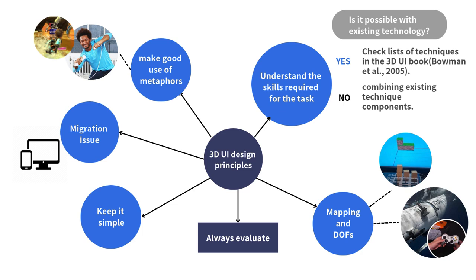And 2. Mapping and DOF. For example, the Titan sub extended a user game controller to operate a submarine. This makes us sick. Is this kind of controller good for moving position or controlling speed?